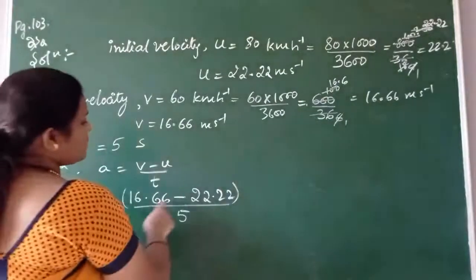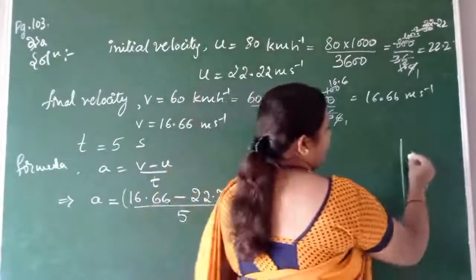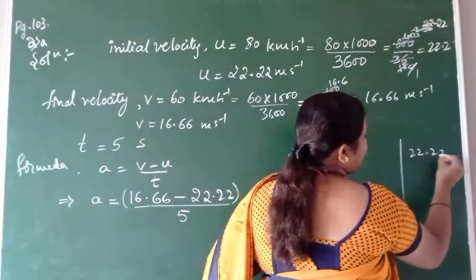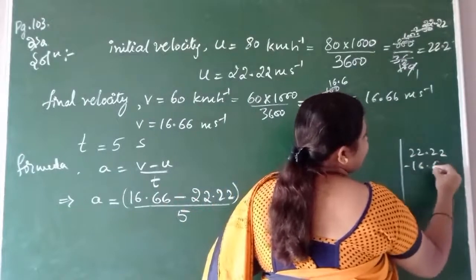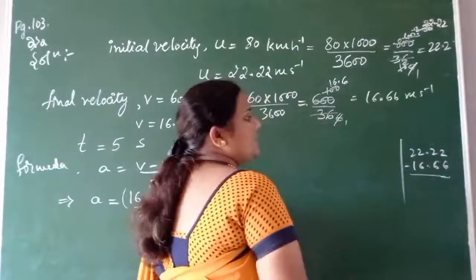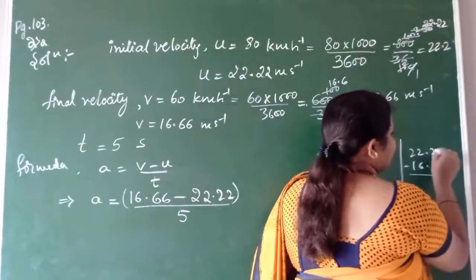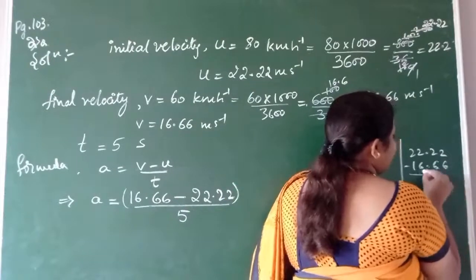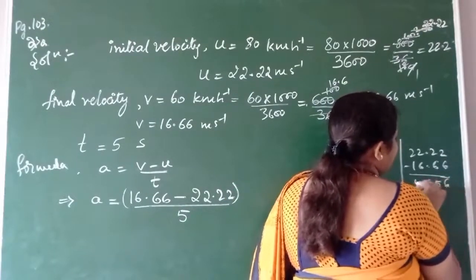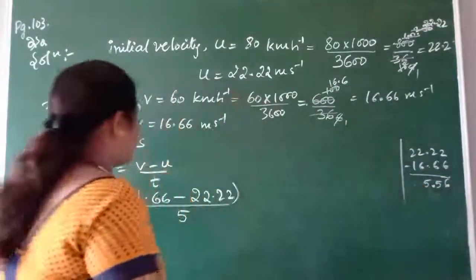So now do the subtraction, children. We'll make a rough work here. 22.22 minus 16.66. So how much? 12 minus 6, we are left with 6. 11 minus 6, 5. 11 minus 6, 5. And here 0. Isn't it? 5.56.